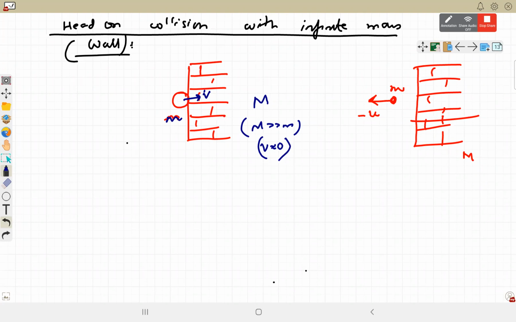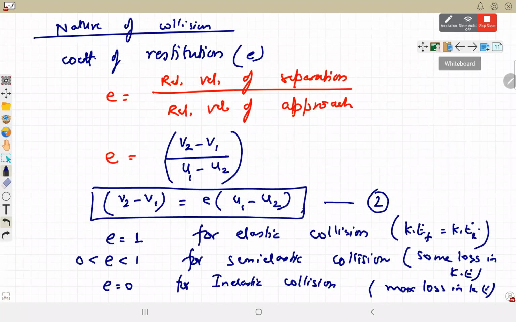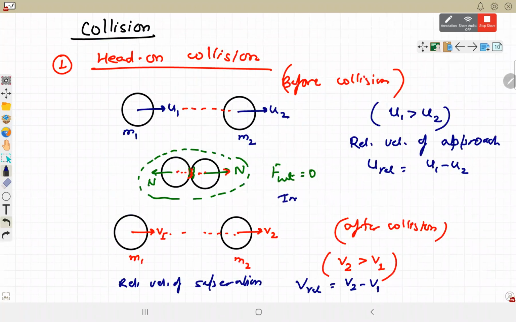So in this case, it is impulse. Impulse is provided by that impulsive force. Like in the previous cases also, if we have to find the impulse, m1 applied impulse on m2, m2 applied impulse on m1. How much impulse will act on m2? Impulse is change in momentum, m2 into v2 minus u2.